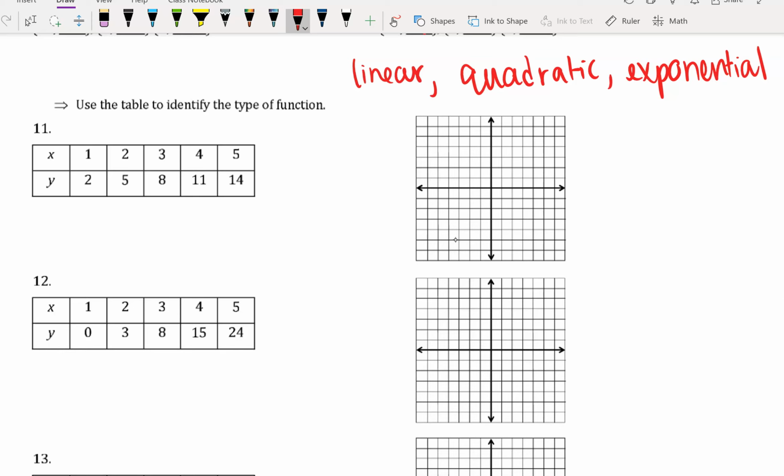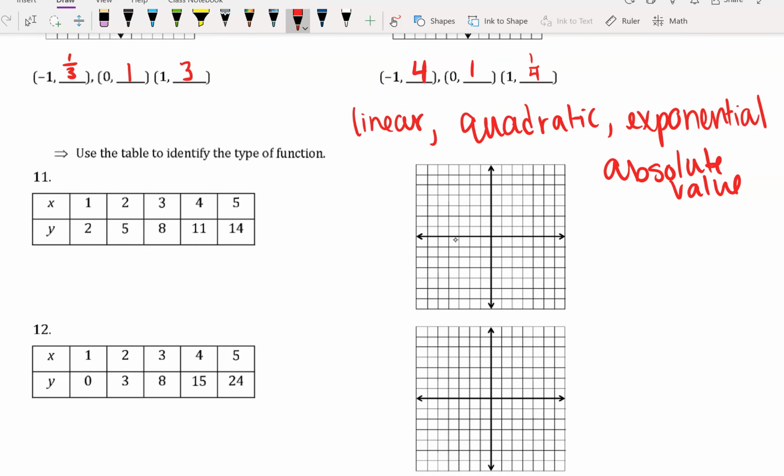You might also see an absolute value. Remember, that's a V shape. So linear looks like a straight line. So straight line, no curve. Quadratic is a U shape. Exponential is like this. That's exponential growth, or exponential decay looks like that. And then absolute value is a V.